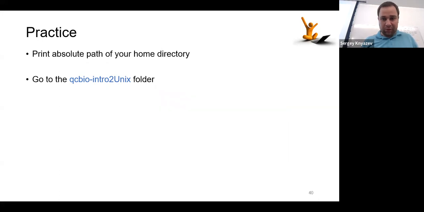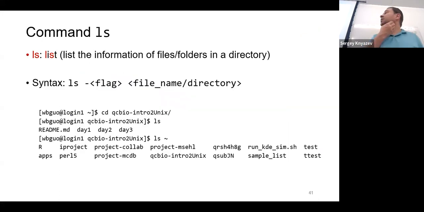Next. There is a command that is called ls. It's for listing files. So this command accepts one or two arguments. One of the arguments is the absolute or relative path for the directory that you want to list, right?